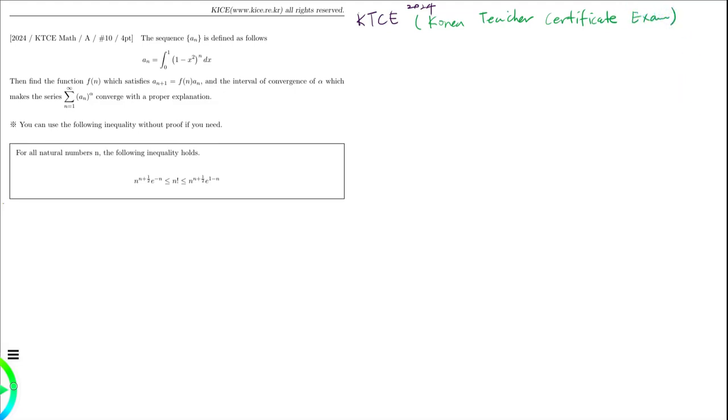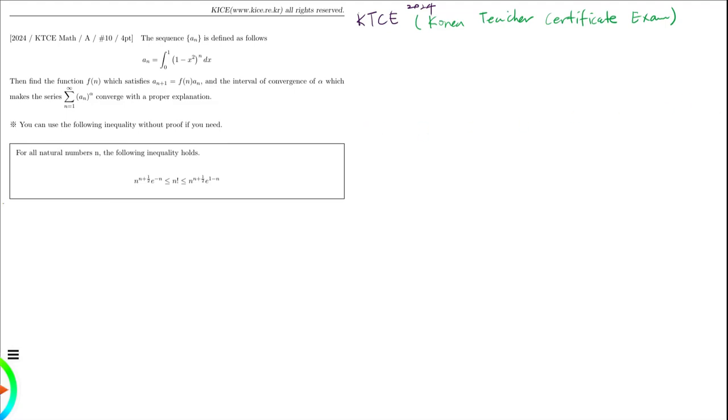Anyone who wants to work at middle school or high school in Korea is supposed to pass this exam. Personally, I think this exam contains many interesting math problems of college level.